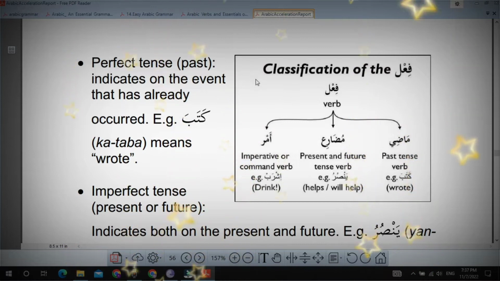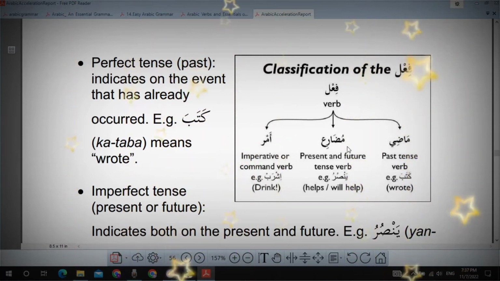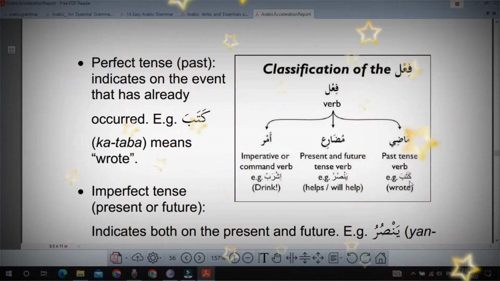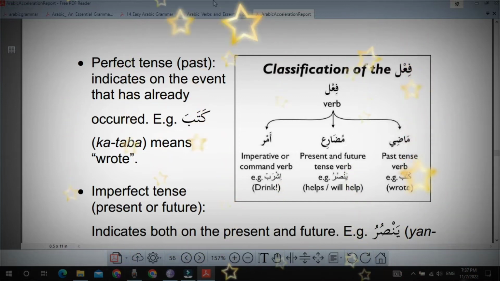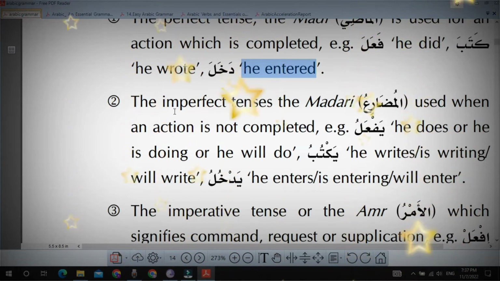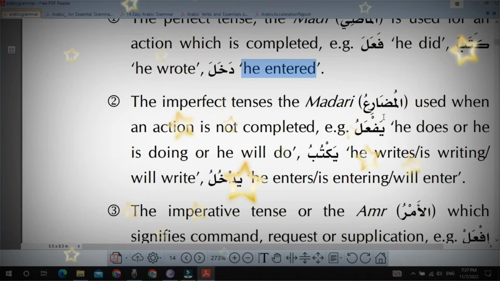You can see here the classification of fi'l. Mazi, muzari, amr. Past tense verb. For example, kataba. The second is called in Arabic al-mudari'u.